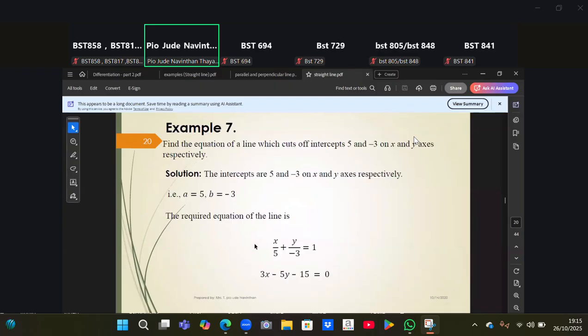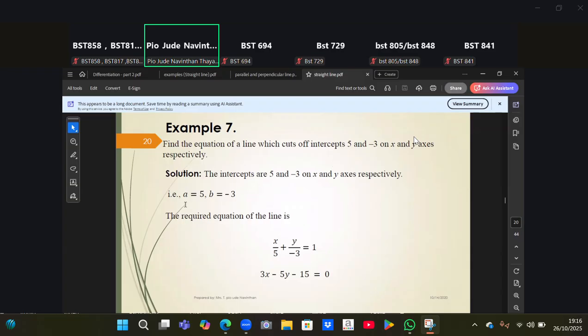Here they are saying: find the equation of a straight line that cuts off intercepts 5 and minus 3 on the x and y axes respectively. It means 5 and minus 3 on x and y. So x intercept is 5, the second one, y intercept. That's the meaning of respectively, right?